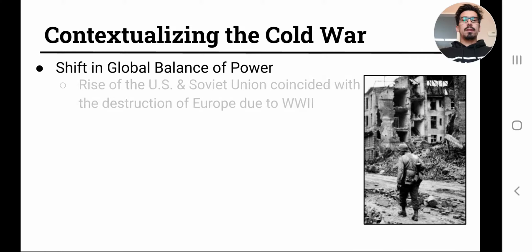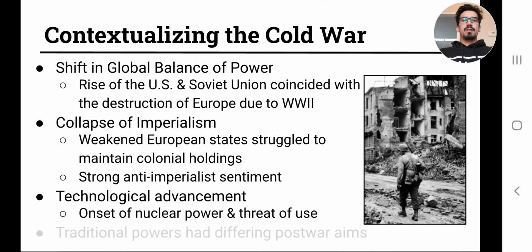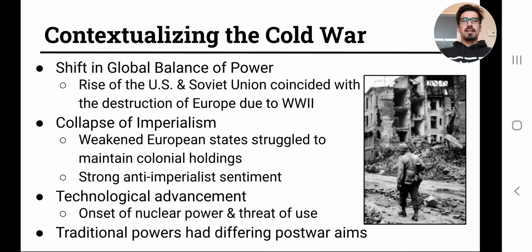So to contextualize, what's really important to think about is what happens at the end of World War II with the rise of the United States and the Soviet Union. There's a shift that takes place in the global balance of power, primarily due to World War II. It has a lot to do with the destruction of Europe, which from basically the mid 1700s until the early part of the 20th century really dominated much of the world with imperialism.